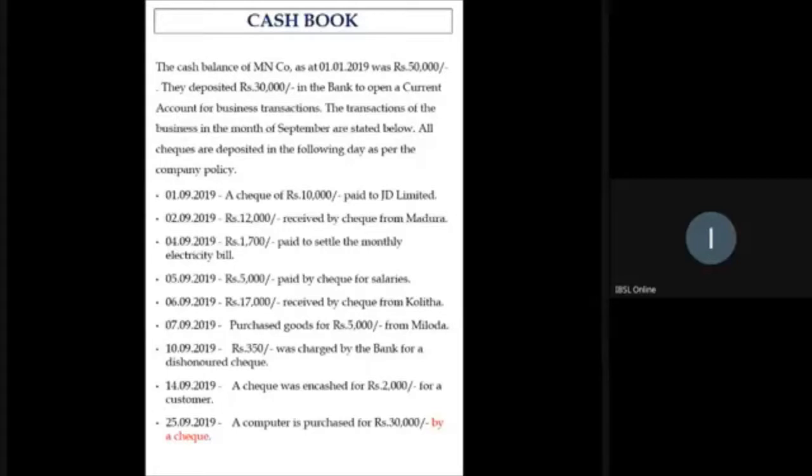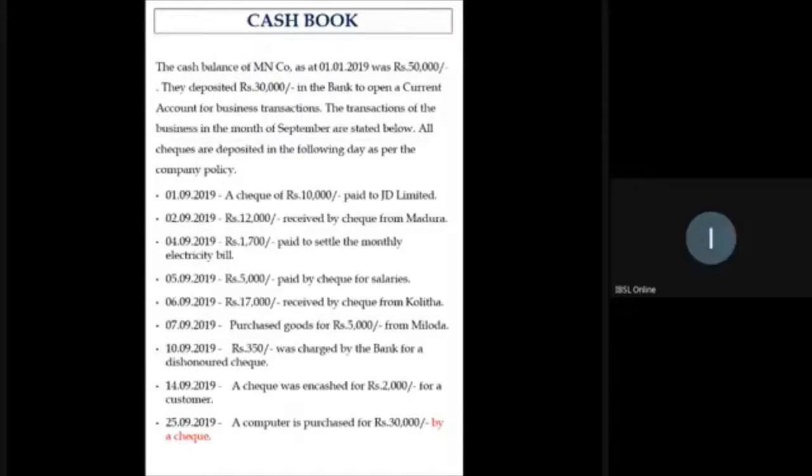Then the second part of the description says the transactions of the business in the month of September are stated below. All checks are deposited in the following day as per the company policy. Now here, what does it mean when you are drawing up a cash book? In businesses, whenever they get checks, it could be from their debtors or for various other purposes, whatever checks they receive, they will keep with them.